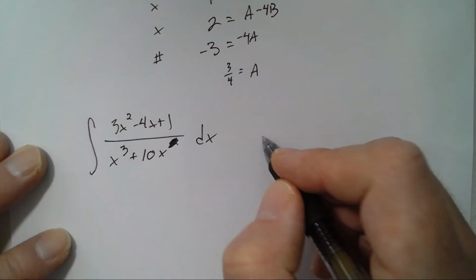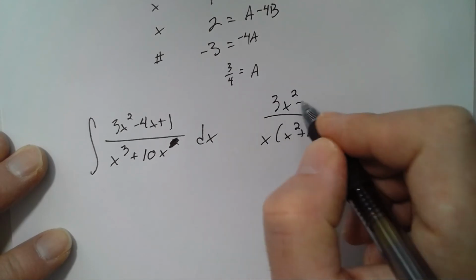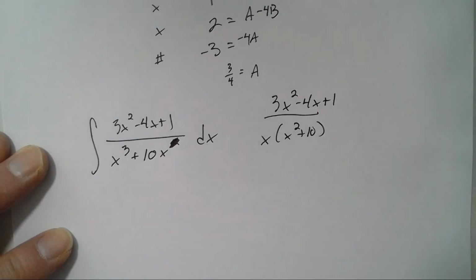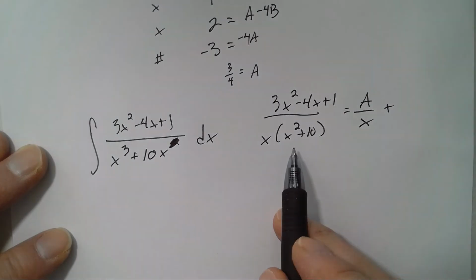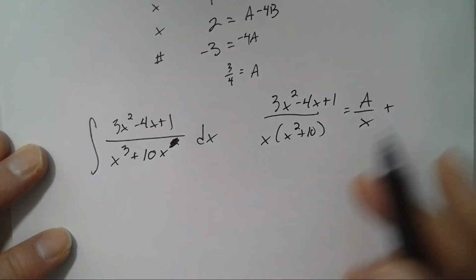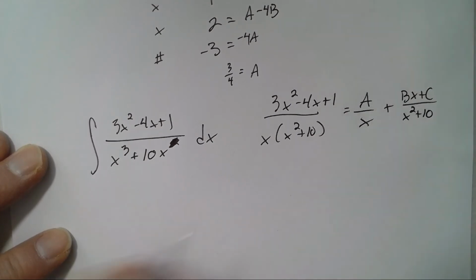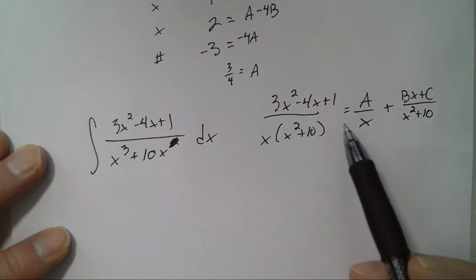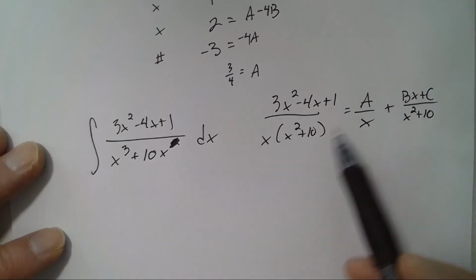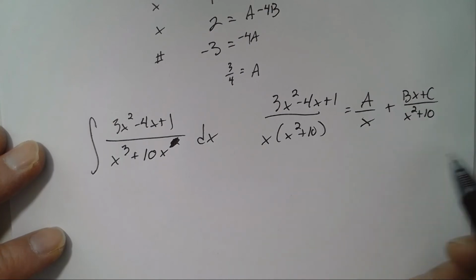It's x times x squared plus 10, and you can't factor any more than that. So we put an A over the x, and since it's a non-factorable quadratic on the bottom, x squared plus 10, it'll be Bx plus C over x squared plus 10. If you put this one first, it would be Ax plus B and then C over x, but you're going to get the same answer. It doesn't matter. So if it's a non-factorable quadratic, you put Bx plus C on top and go from there.